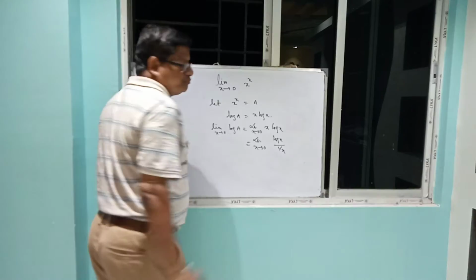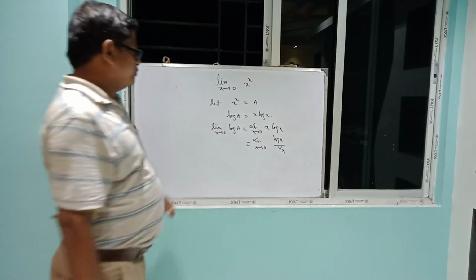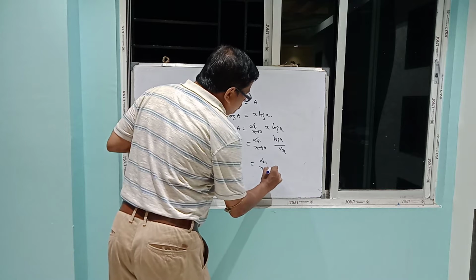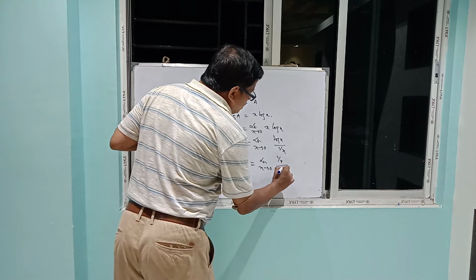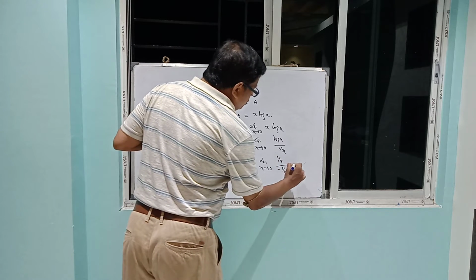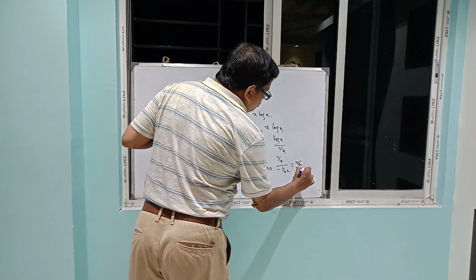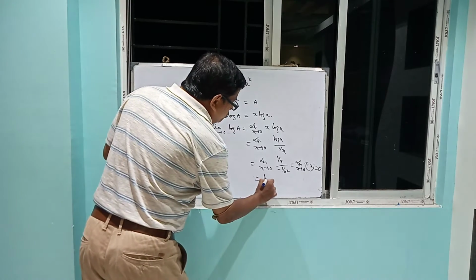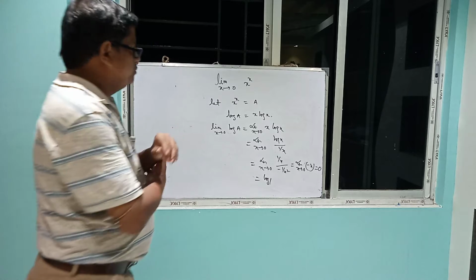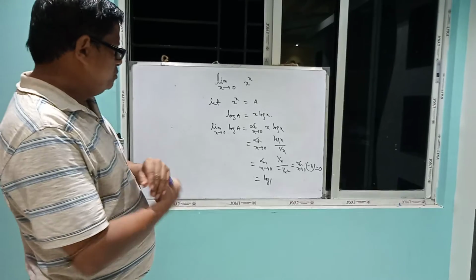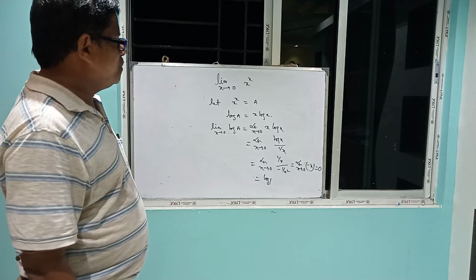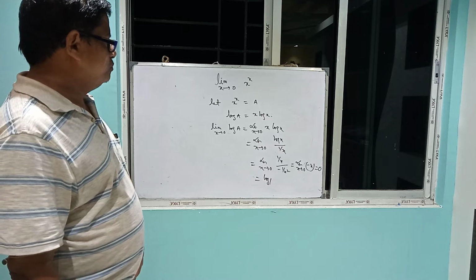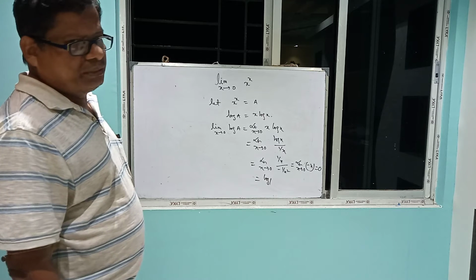Now using L'Hospital's rule, limit x tends to 0, (1 by x) by (minus 1 by x square), so limit x tends to 0 of minus x. So it will be 0. So 0, you know, log 1 is 0. Understood?